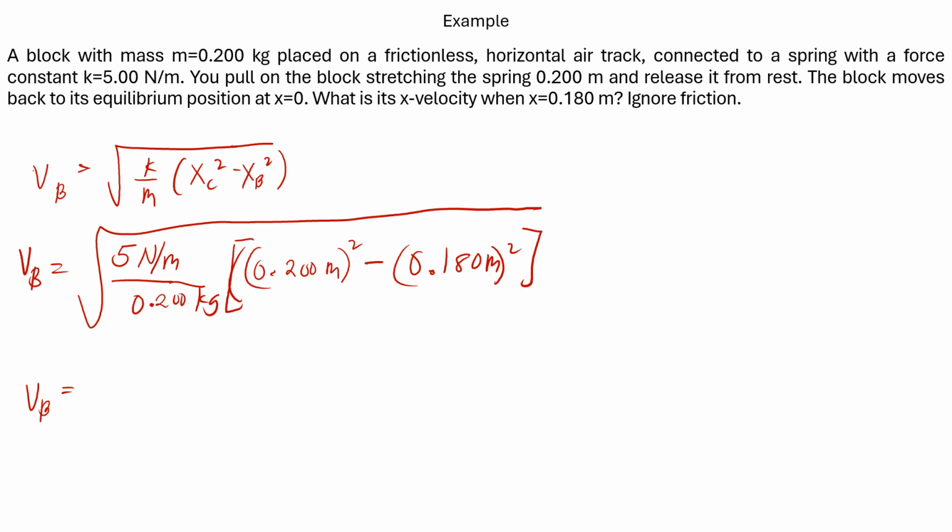Okay, this is 5 over 0.2 times 0.2 squared minus 0.18 squared.